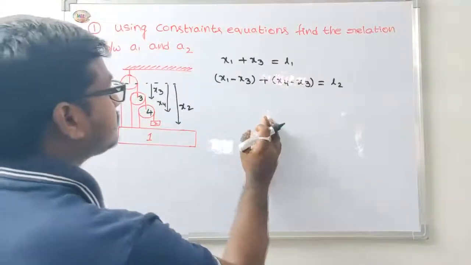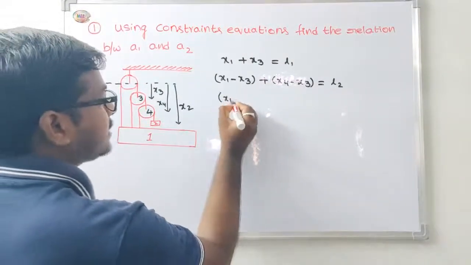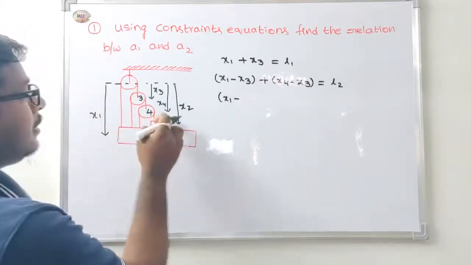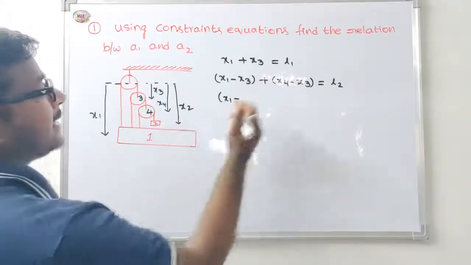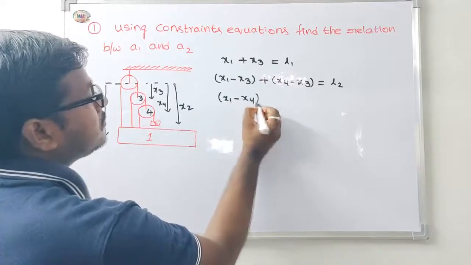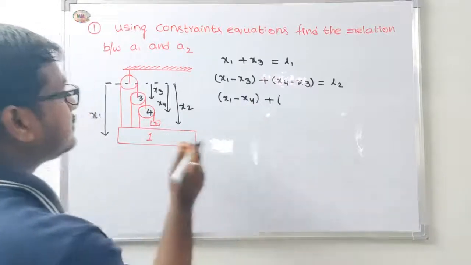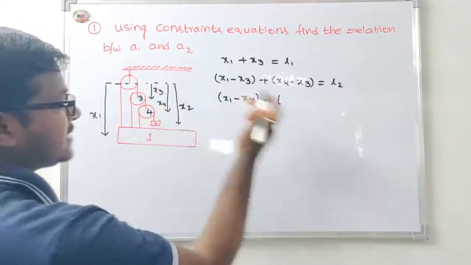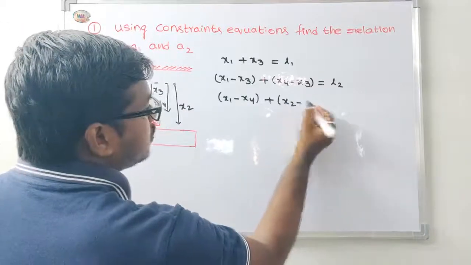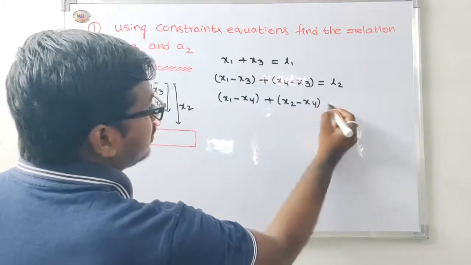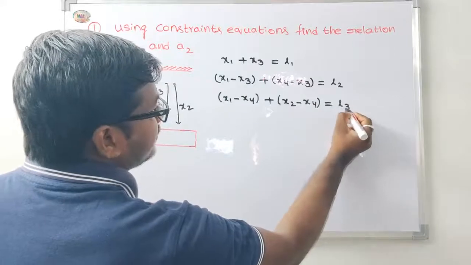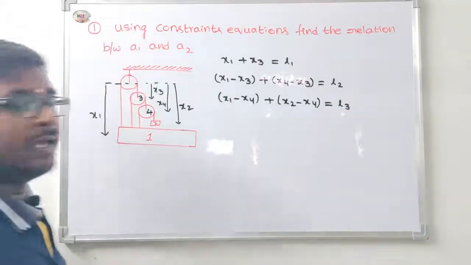Next, x1 minus x4 plus x2 minus x4 is equal to L3.